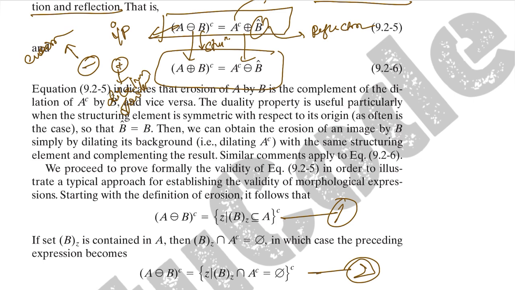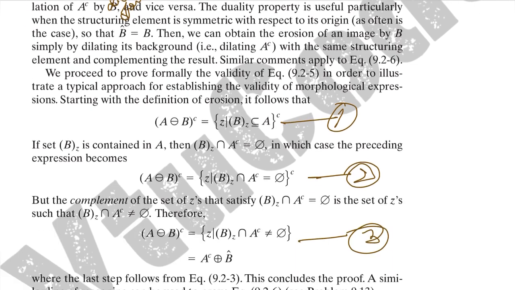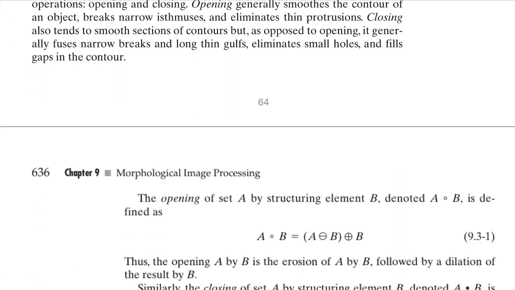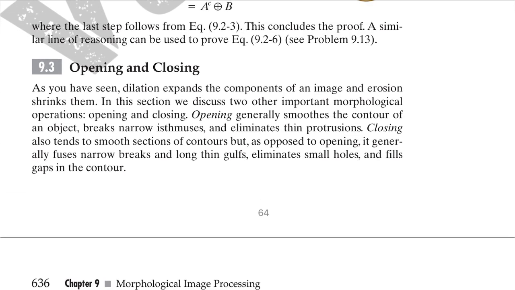Next is opening and closing. First, opening removes small objects or protrusions from the background. For example, small dots or regions that are of no use, you remove from the background.